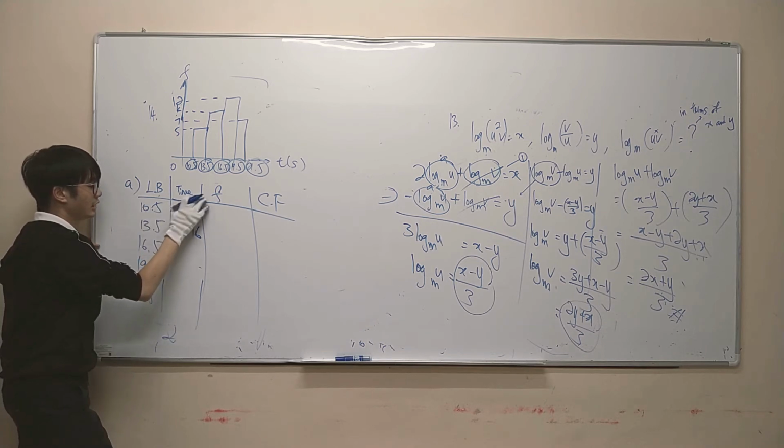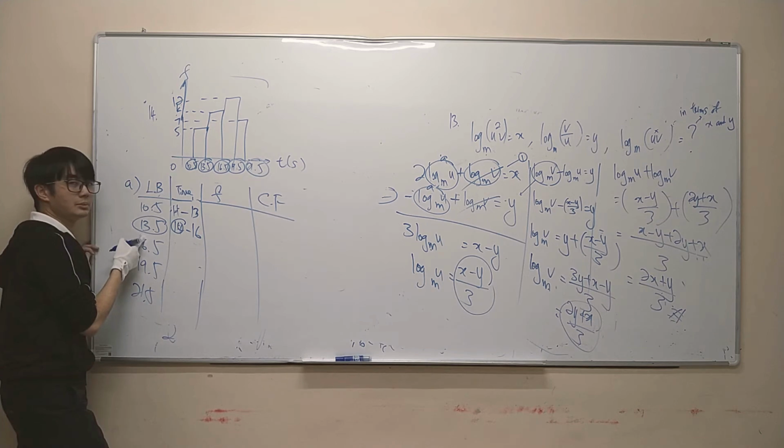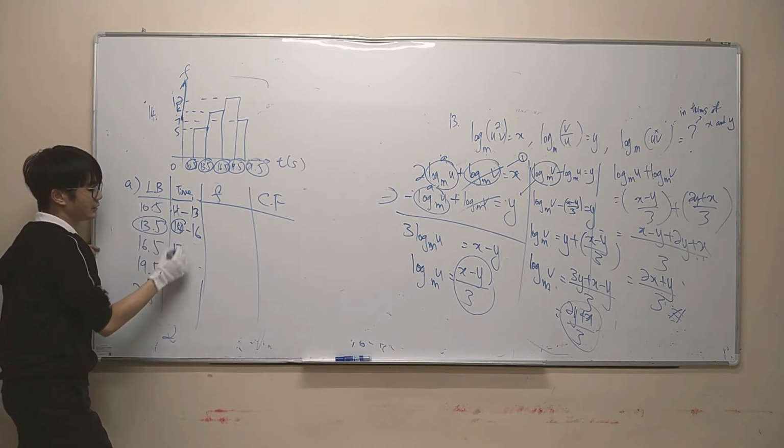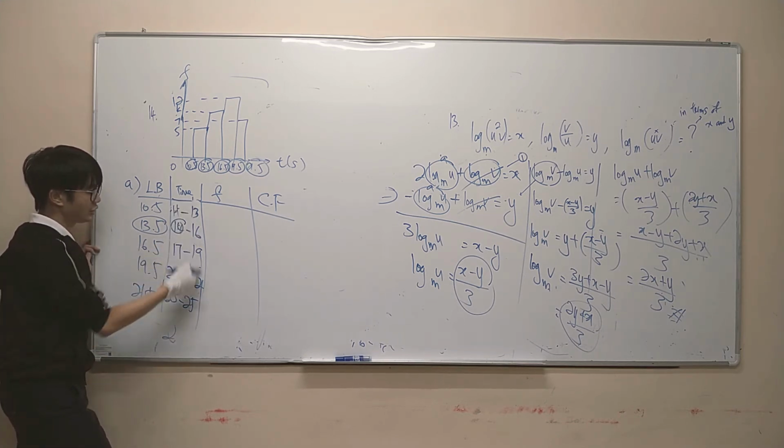So 11 to 13. How do I know here is 14? Because 14 plus 13 divided by 2 is the lower boundary, 13.5. So here will be what? 17 until, so here plus 3, here also plus 3, so 19. 17 plus 3, 20. 19 plus 3, 22. And 20 plus 3, 23. Here plus 3, 25. Betul kan? Just plus 3 plus 3 plus 3.